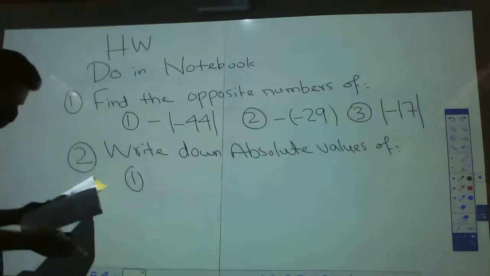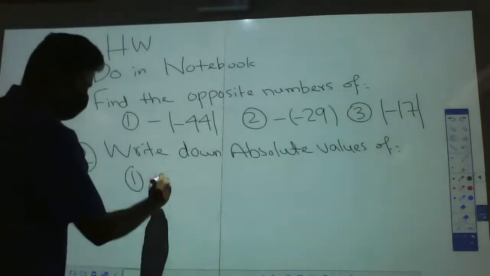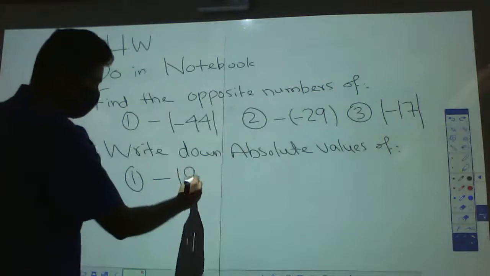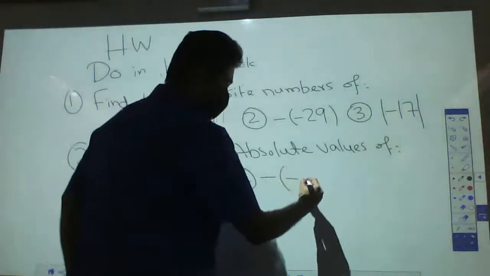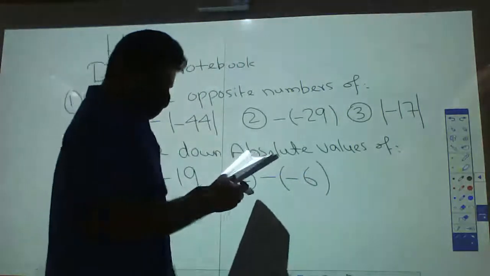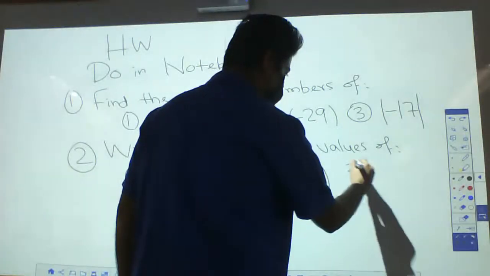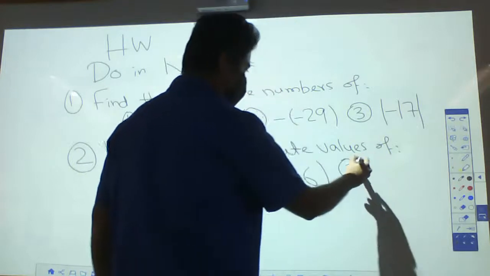So number 1, it is minus 19. Number 2, minus 6. Sorry, only 2 is okay.